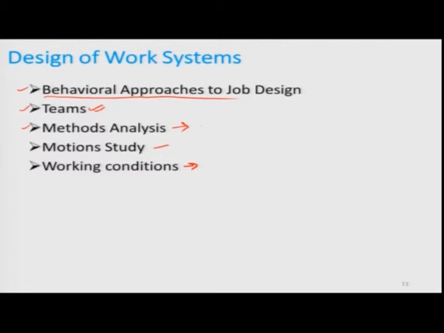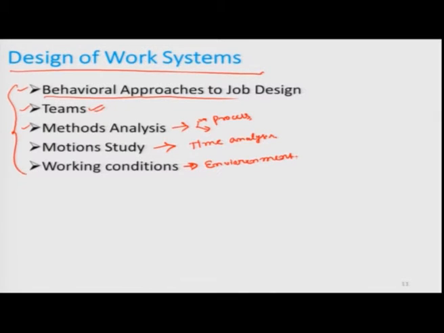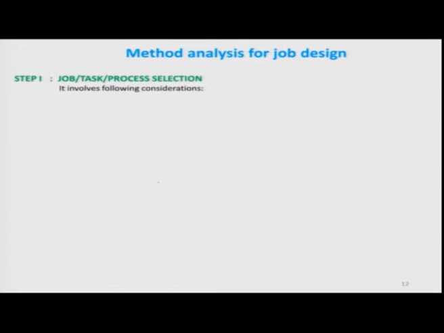Method analysis is more related to process, this is related to time analysis, and this is more related to environment. So, for designing of work system, these things are required. Okay. Team member, some technical analysis, that is method analysis, motion study, working condition. Okay. Now, first I will explain method analysis for the job design.